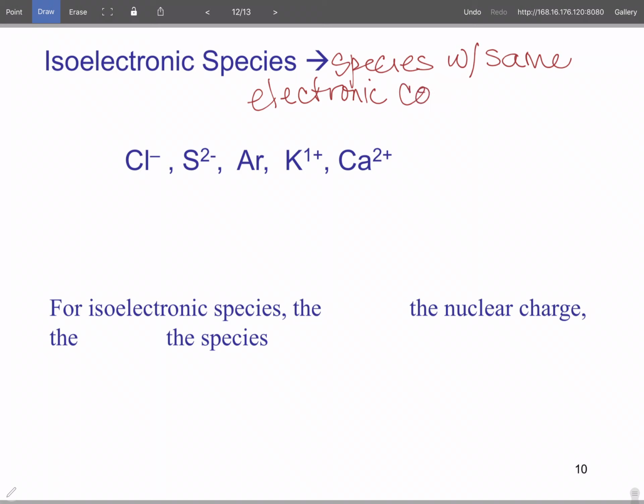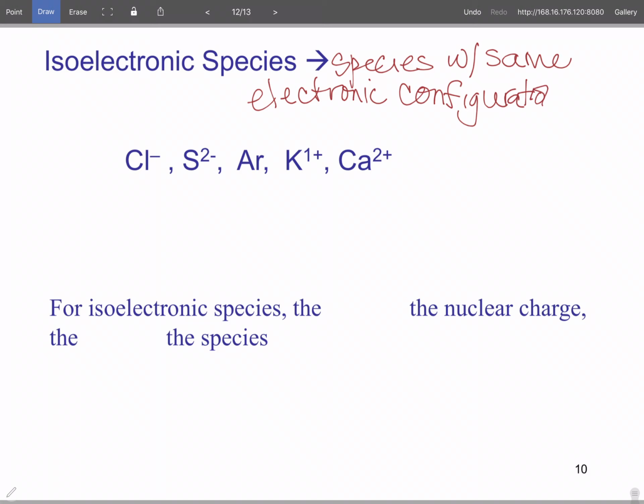Now that you know, according to Hund's rule, that you cannot have random electrons, you can't just choose randomly to throw in electrons or throw out electrons. That's not how it works, so we have to account for that as we go.